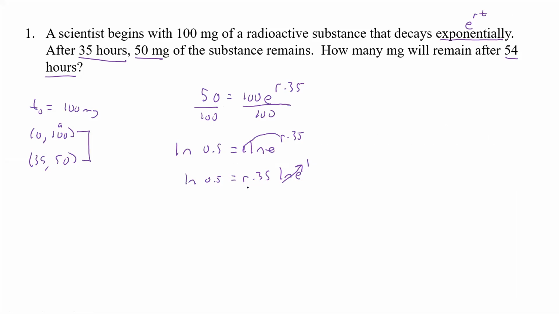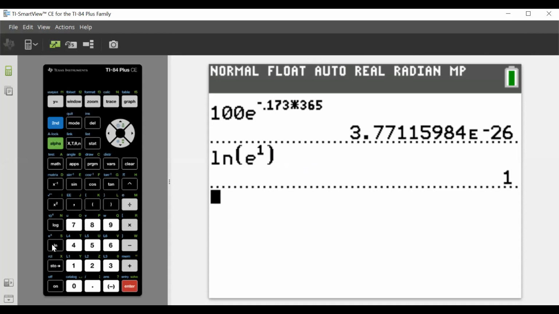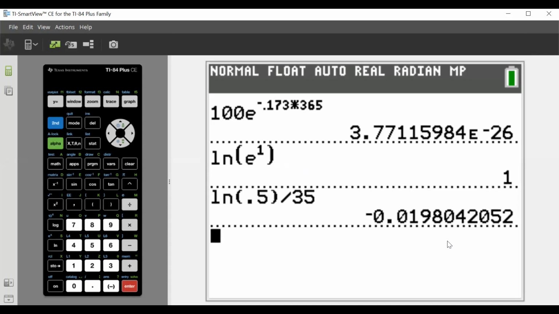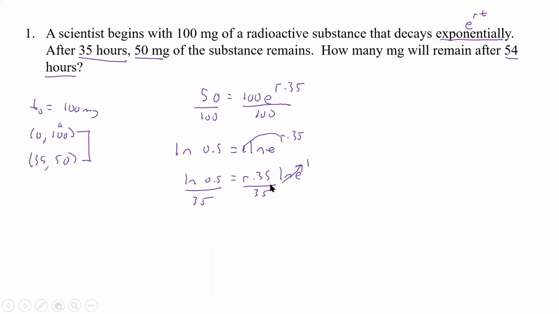Now we have r times 35, so let's get rid of 35. So we divide by 35. Now we have the ln of 0.5 divided by 35. So that gives us that value. So let's write that down now. All right, so that was our r equals negative 0.0198. So that's our rate of decay.